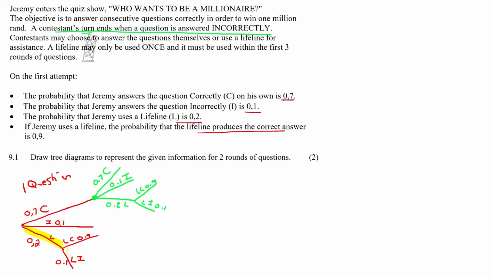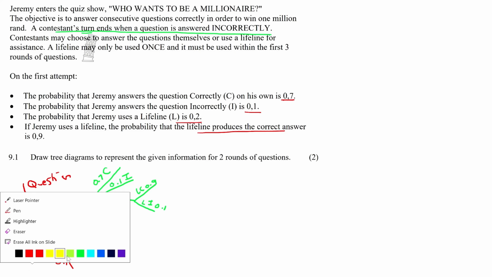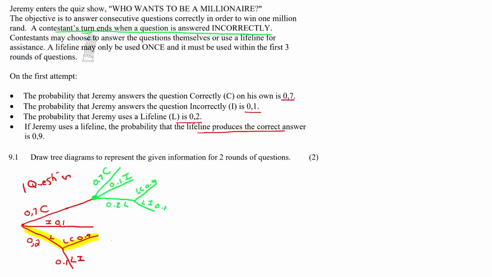If he used a lifeline and he got the question correct, is he allowed to stay in the game? Yes. So now he's allowed to enter round 2. But because he's already used a lifeline over here, we're only going to say that he could now maybe get the question correct or incorrect. He's not allowed to use a lifeline because a lifeline may only be used once and it must be used within the first 3 rounds.